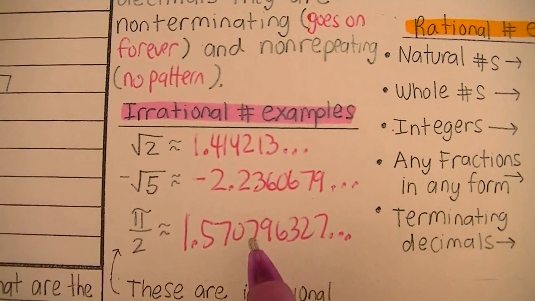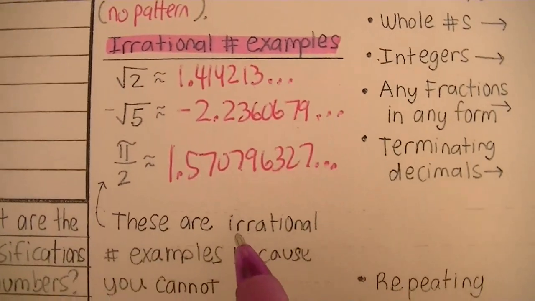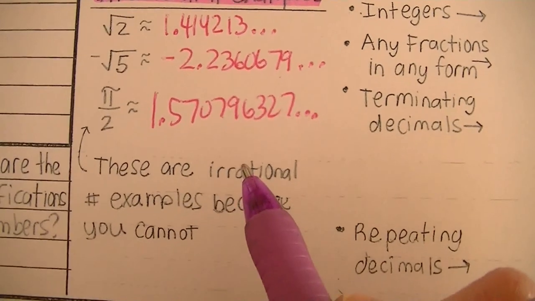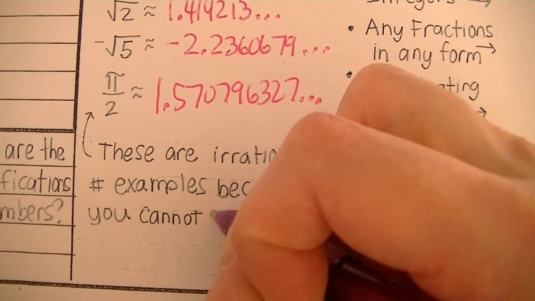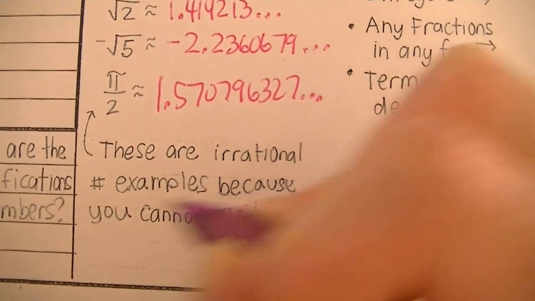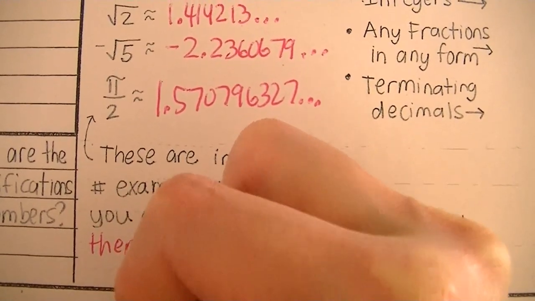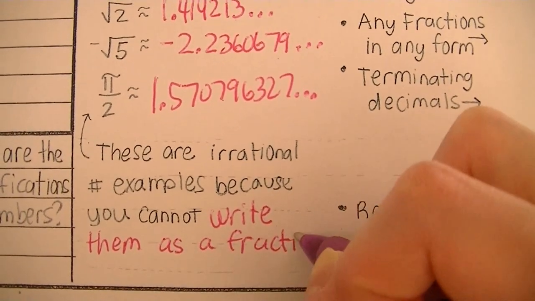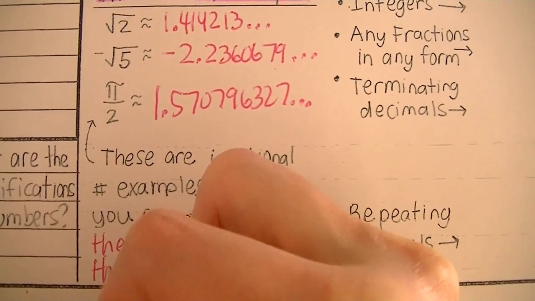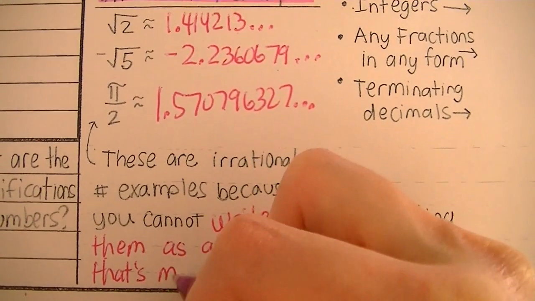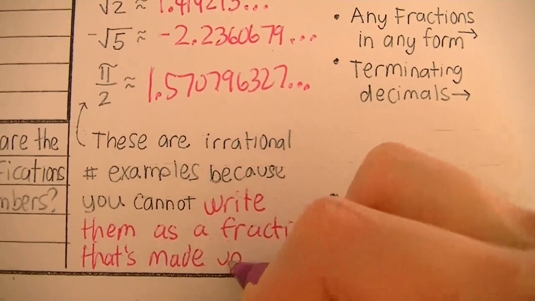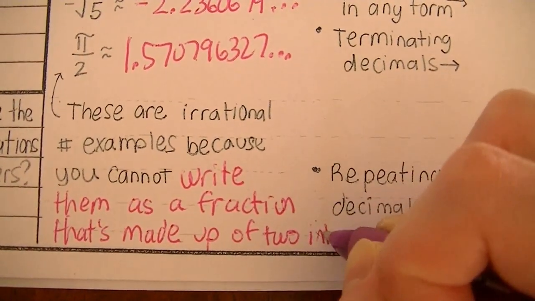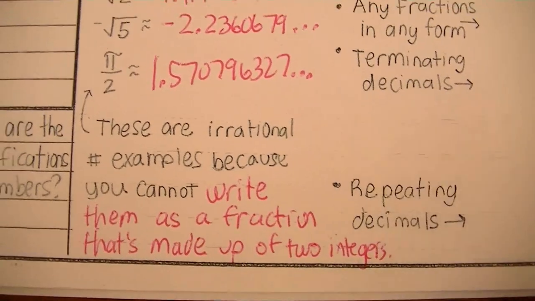And again, its decimal form is non-repeating and non-terminating. These are irrational number examples because you cannot write them as a fraction that's made up of two integers. Okay?